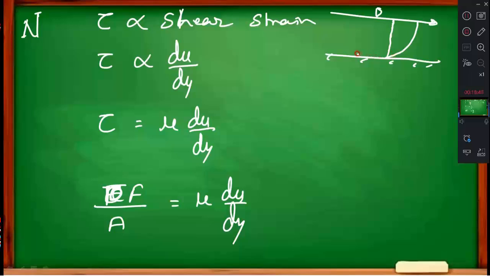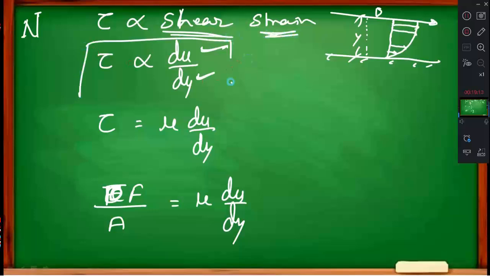The bottom layer is moving with this velocity, then this layer with this velocity, this layer this velocity. As you go deeper and deeper, at a distance y, your velocity is changing, right? Therefore we consider it as the rate of change of velocity with respect to depth. That is nothing but shear strain. That is, shear stress is directly proportional to shear strain.